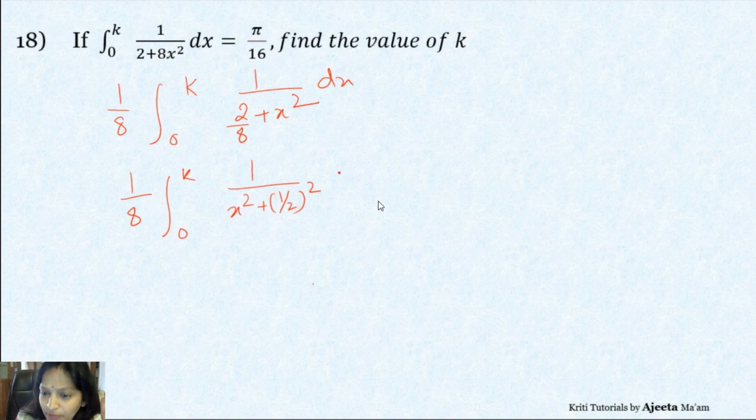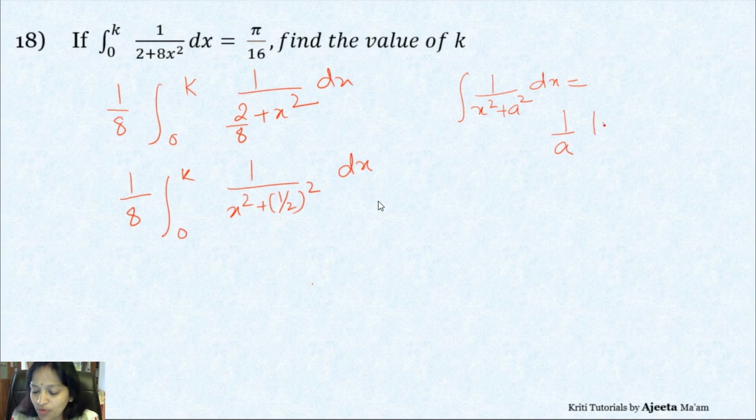Now here we will make a perfect square, that is 1 upon 2 whole square. So now we can apply the formula, 1 upon x square plus a square, the integral is 1 upon a tan inverse x upon a. Now this is for trigo especially. So for applied math students, this will not be coming for the exam, but you can do it just for the sake of knowing, yes, this is the special integral formula.